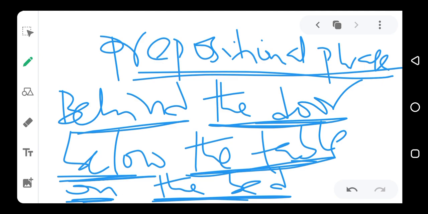So these are the five types of phrase: the noun phrase, the verb phrase, the adjective phrase, the adverb phrase, and prepositional phrase. And I've also told you that the difference between a phrase and a clause is that a phrase cannot contain both a subject and a verb together, while a clause must have a subject and a verb together.